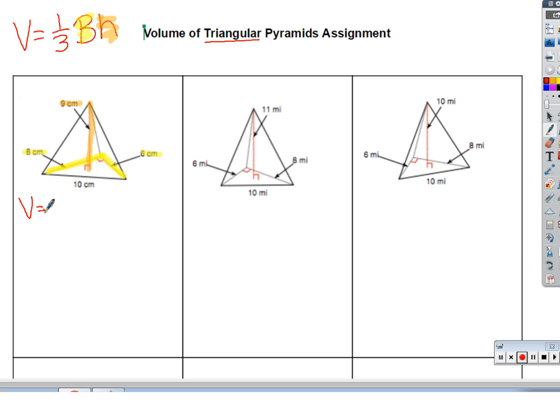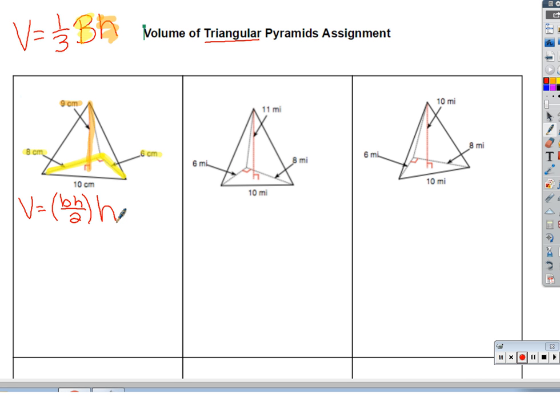Volume equals, in parentheses, we're going to have the area of our base. So we're going to have base times height divided by 2. That's our big B. That's how we're going to find the area of the base. Times this H out here, which is the height of the pyramid.